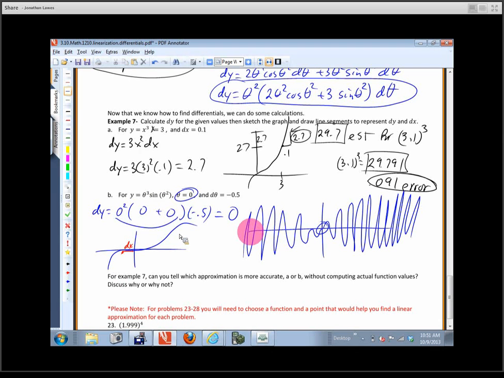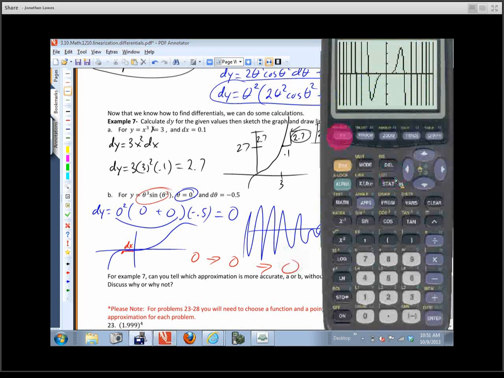We estimate, okay, first of all, if you plug in a 0, what do you get out of this? The original function, 0. Okay, so the original function value is 0, and we're guessing that we're going to have a change of 0. So we're guessing our new function value is going to be 0. Pretty easy, right?